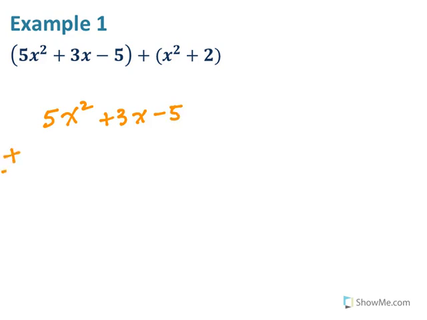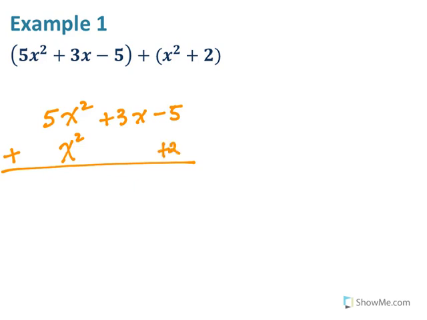I'm going to add this binomial to the trinomial. So we have x squared, so it has to line up with their like terms. So whatever has the same exponent, that's its like term. We don't have any terms that have an x to the first power in here. So the last thing I'm going to do is put my constant under the other constant.